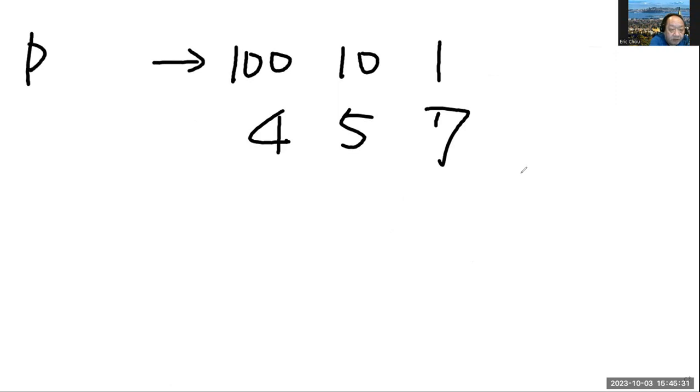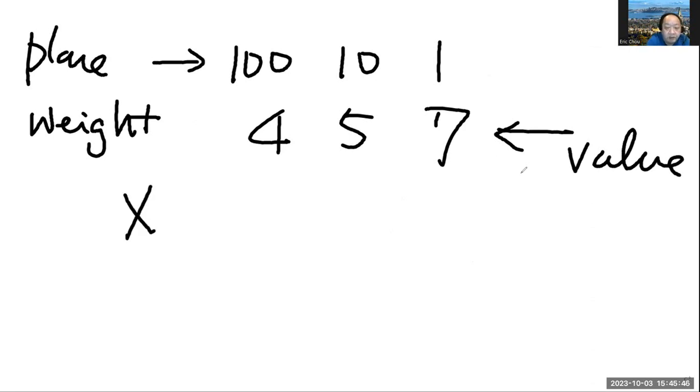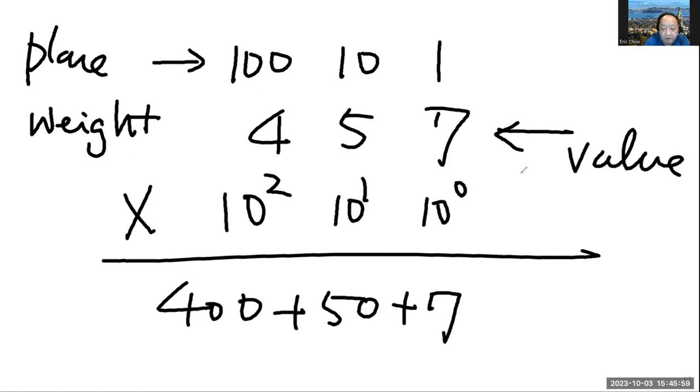We call this the place, or sometimes the weight. This we call the value. So the real value is this one times 10 to the power 2, times 10 to the power 1, times 10 to the power 0. You get 400 plus 50 plus 7. That's the value you got.